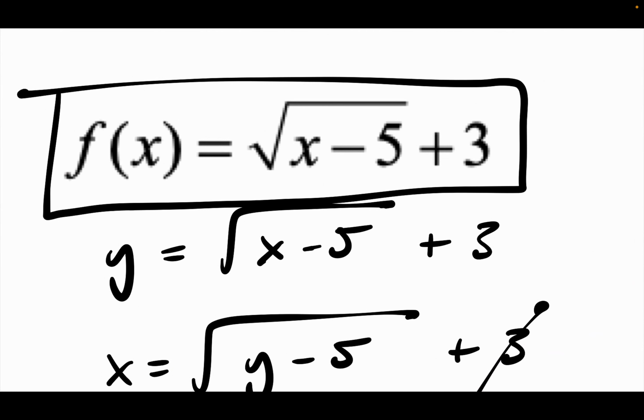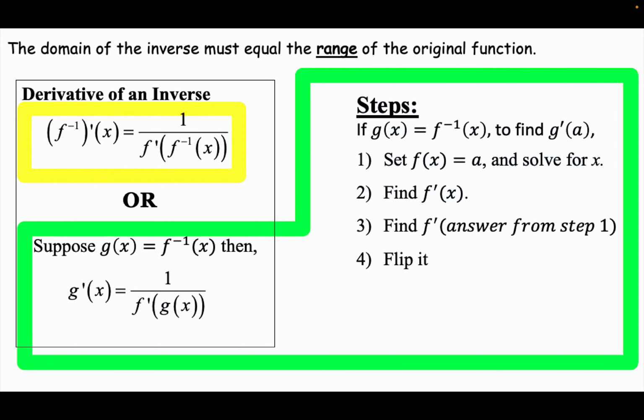What is the magic formula for it? These guys right here. Okay, so I highlighted it in green and yellow because which one do we use? Well, it depends on what they give you. Okay, so if they give you tables, sometimes they'll give you tables, x and y tables.